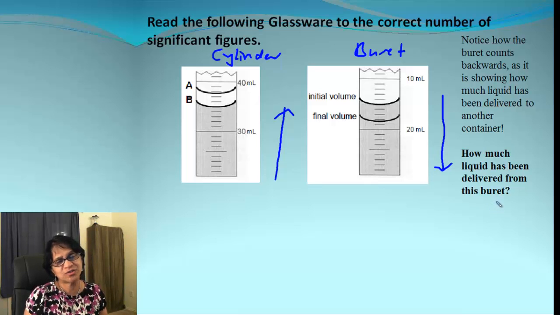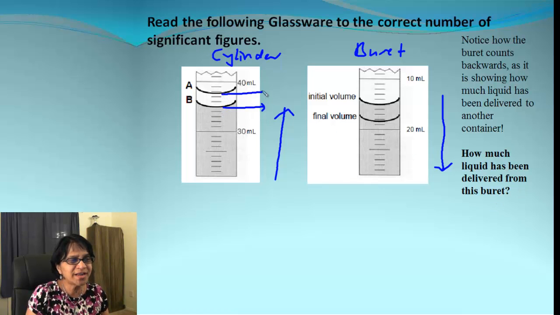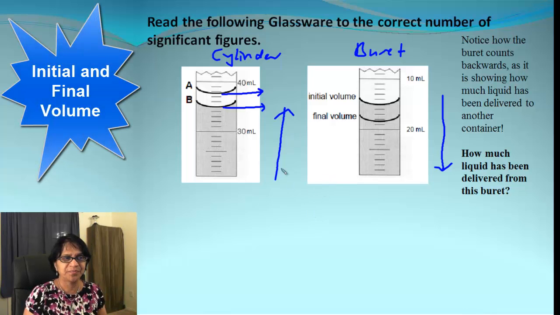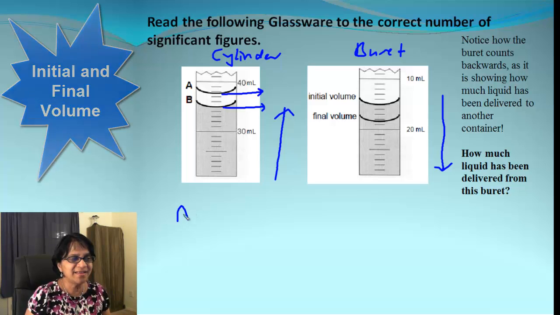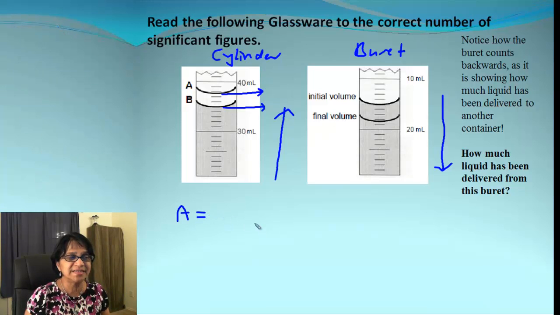So in order for us to find out how much liquid is transferred, what do we need? We need to find out the reading for each level, A and B. What is the reading for A here? A is between 37 and 38, but it's closer to 38.